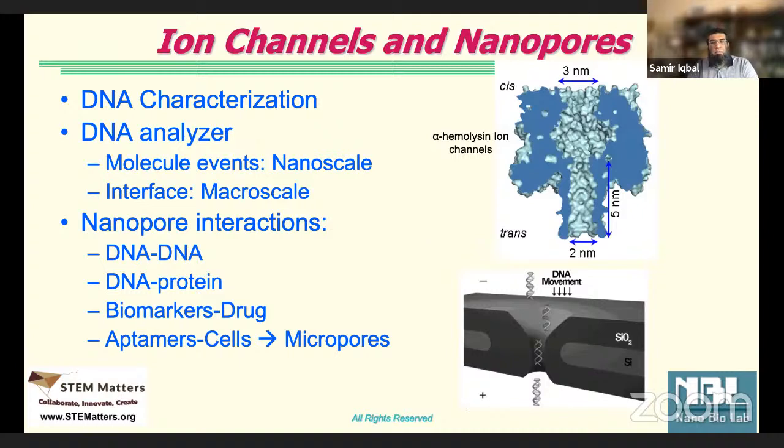And lots of work has been done. I will get into that. But let me just introduce ion channels and nanopores. So ion channels, what we now call biological nanopores also, but biologists still call them ion channels.